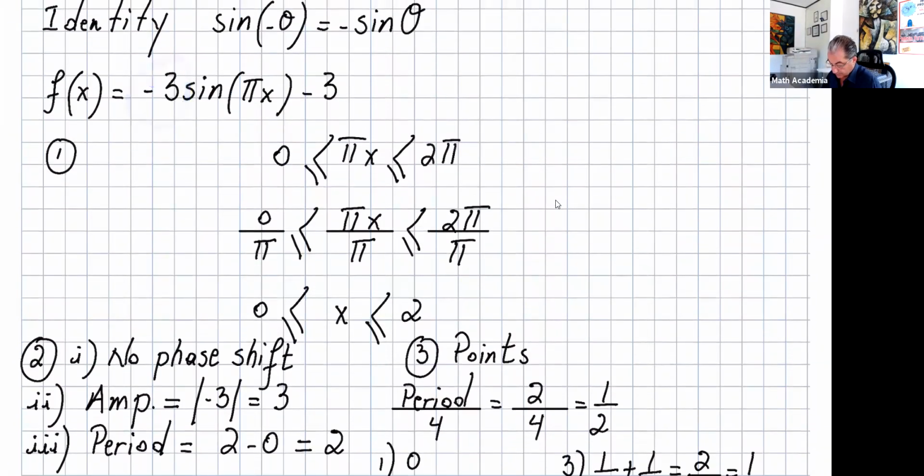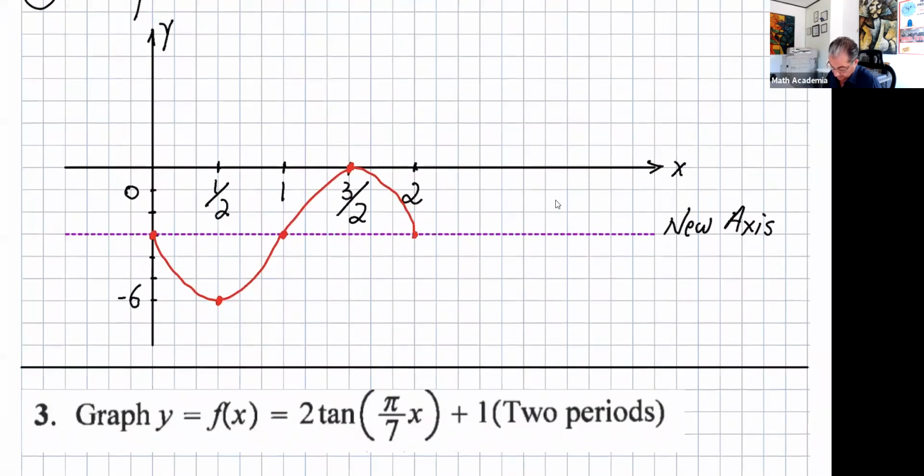It's negative. So it's going to go down 3 from the axis, and we have these points, so it's easy now. Then second point is on the axis. Third point, it goes up, and fourth point, it comes back to the axis. Basically, you connect these points, and that's the graph, and only one period is enough.